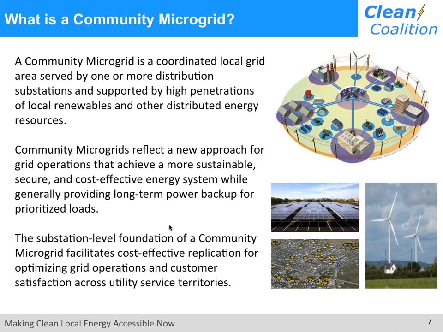And the result is really a smarter distribution grid featuring more clean energy now, improved grid performance, and stronger long-term economics. So we're going to dive into this a little bit deeper.